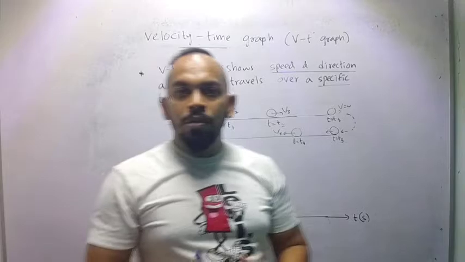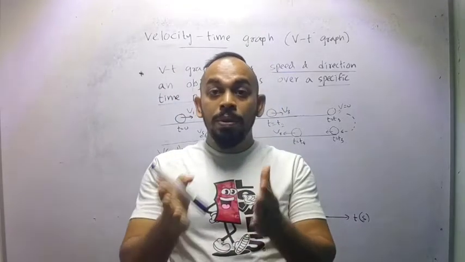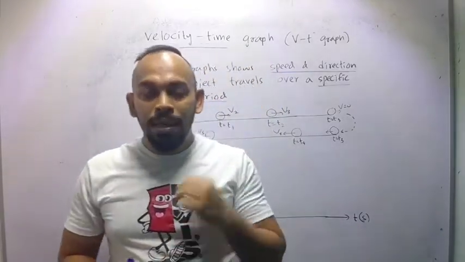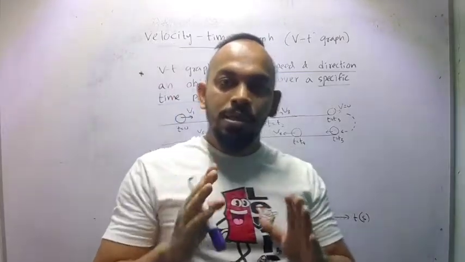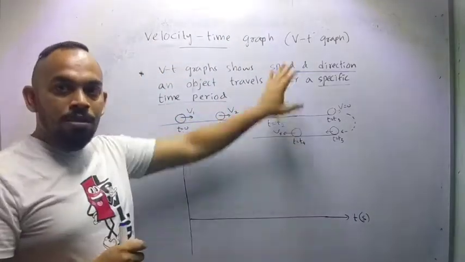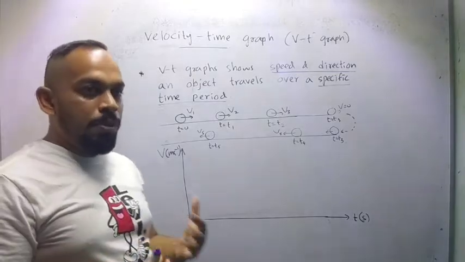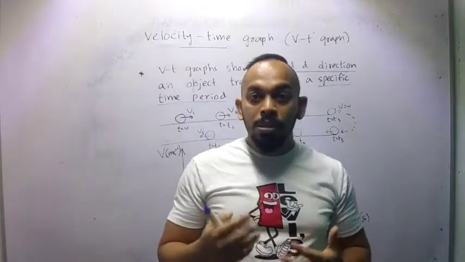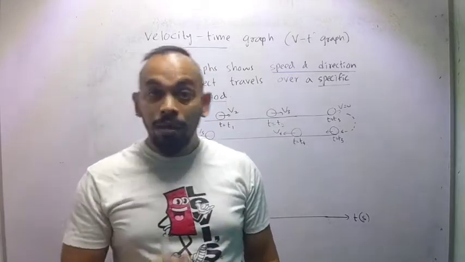What gives you both speed and direction? Velocity will give you both speed and direction of a particle. So basically, this is about velocity, even though it says speed and direction. This is just for illustration purposes, because in reality, we will only perceive speed and direction, not the velocity.